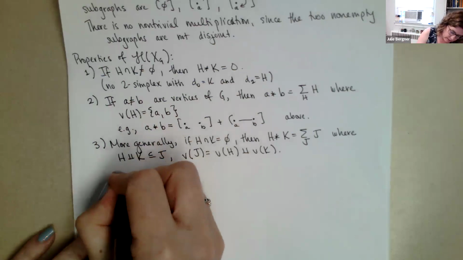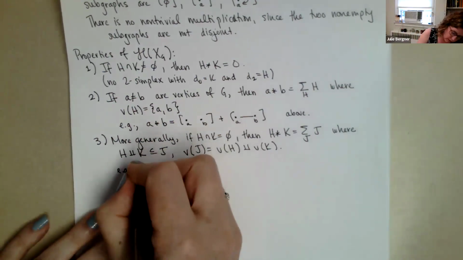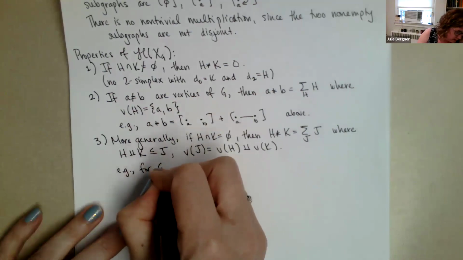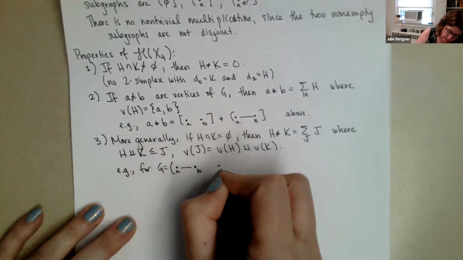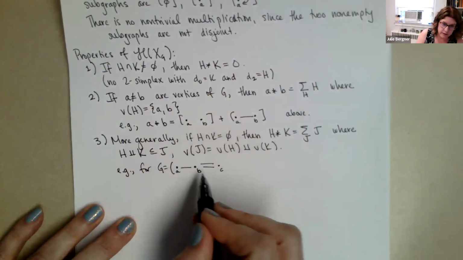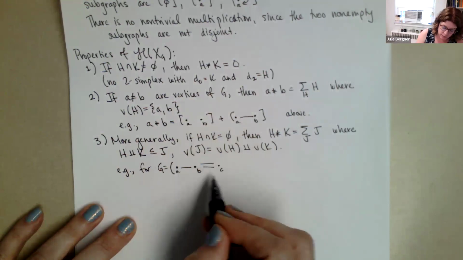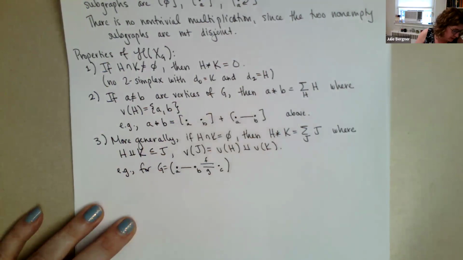So to illustrate this, I need to give you a little bit fancier example than what we've seen before. Let G be the graph with vertices A, B, and C, and maybe I have only one edge from A to B, but I have two edges between B and C. Let me label them by F and G so I can distinguish them.